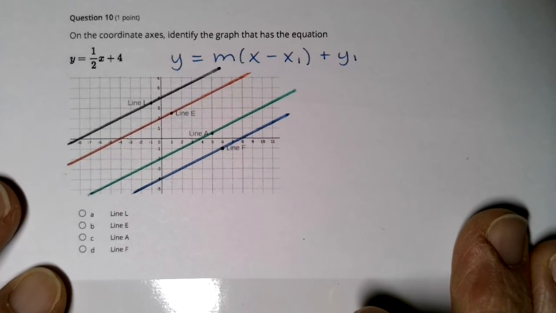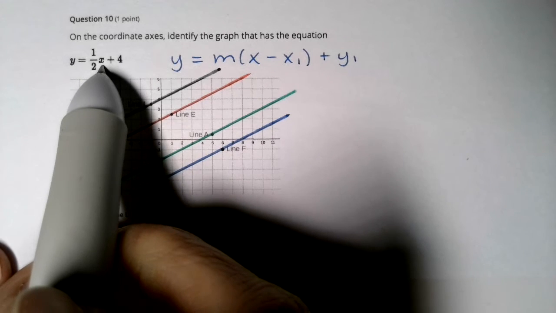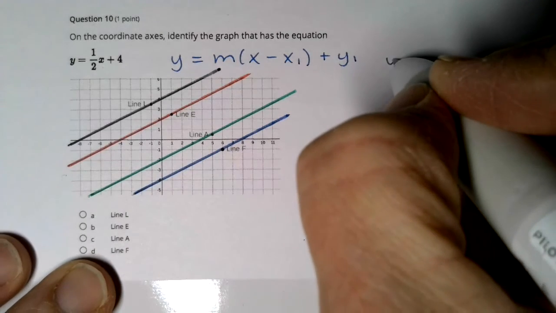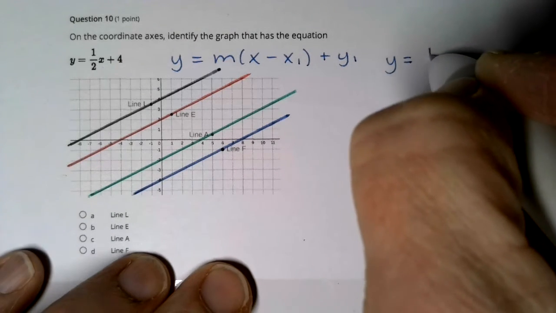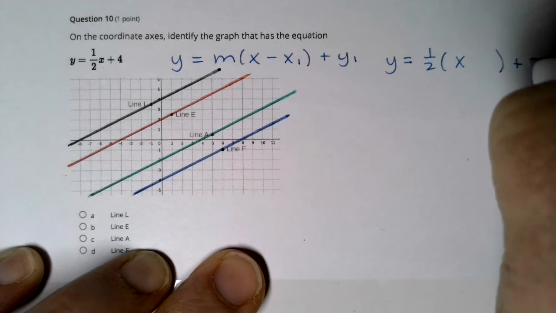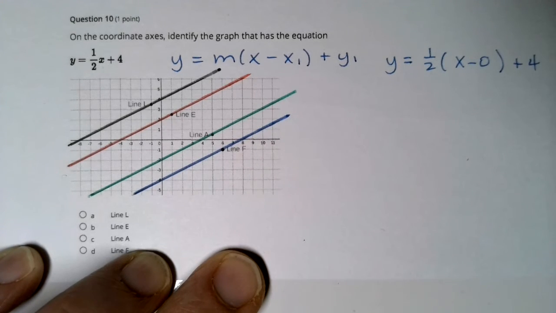And then finally, question 10. This one you can still think of as point slope form. When there are no parentheses, the number being added or subtracted to x would be 0, because you can add your own parentheses in. So we could think of this as y equals 1/2 and then x, and you could have minus 0 here, because x minus 0 is still x.